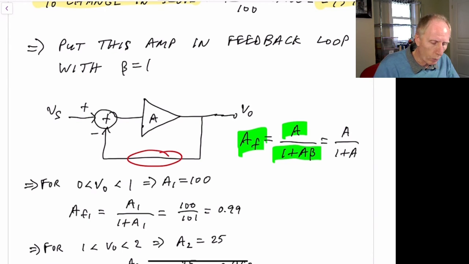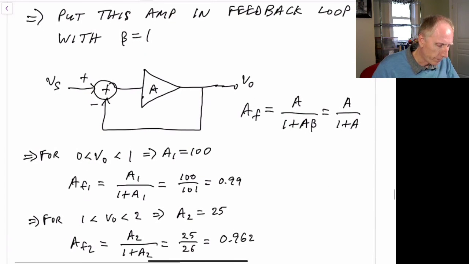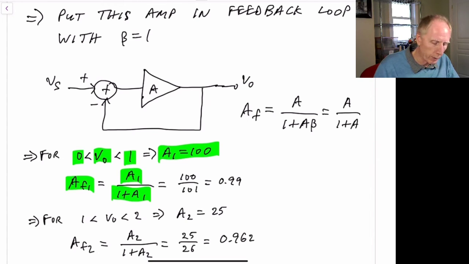So our equation reduces to A divided by 1 plus A. When the output is between 0 and 1 volt, we have that A1 is equal to 100. So the closed loop gain is going to be A1 divided by 1 plus A1, where A1 is 100. So it's 100 divided by 101, and the closed loop gain is equal to 0.99 volts per volt.